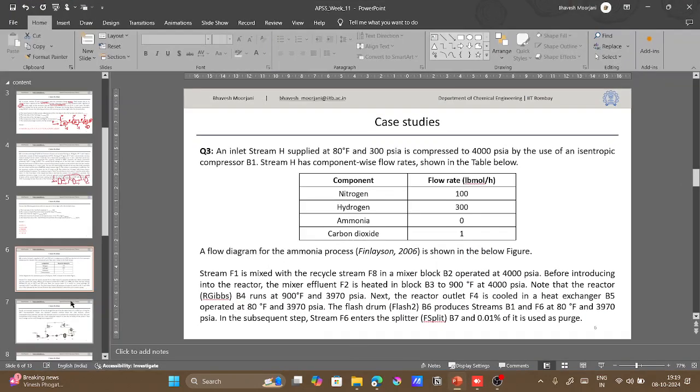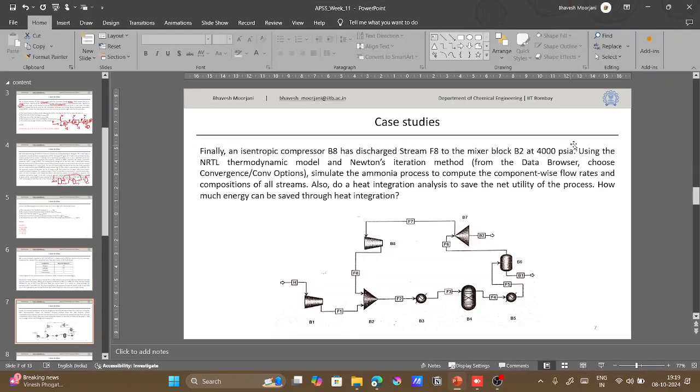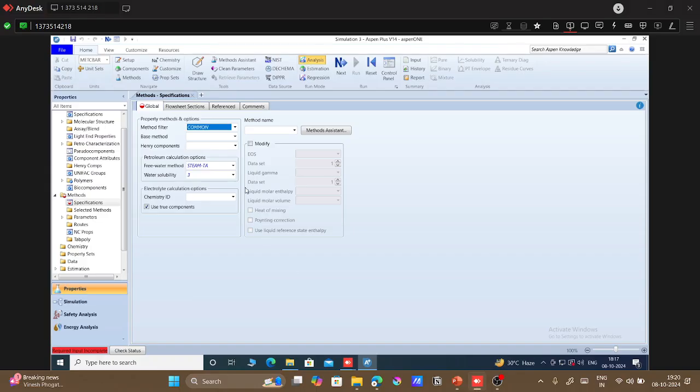Method. For the method, we have been asked to use NRTL, and we have to use the Newton iteration method. For that we can change it via the data browser, choosing convergence options. So let's look into that. First, select the NRTL method, go next.